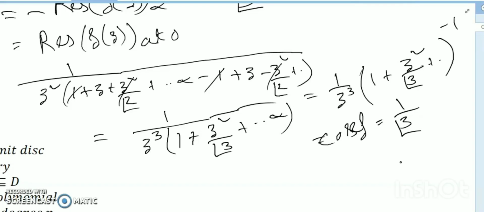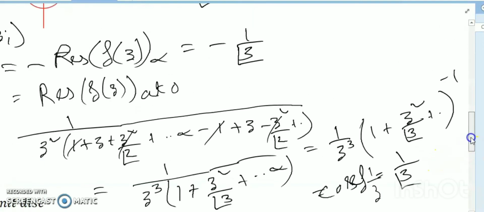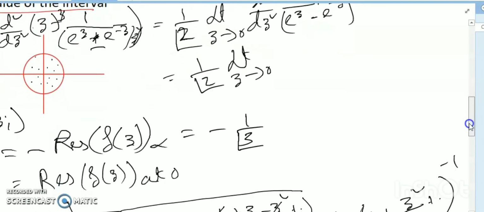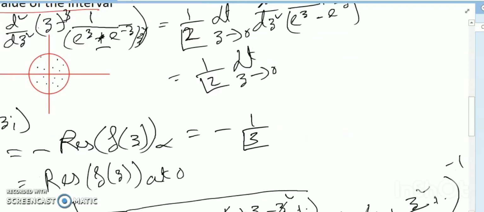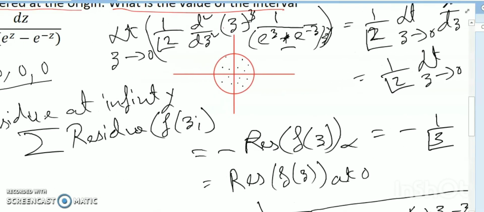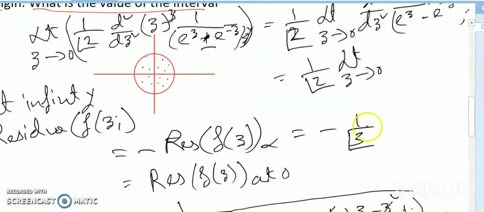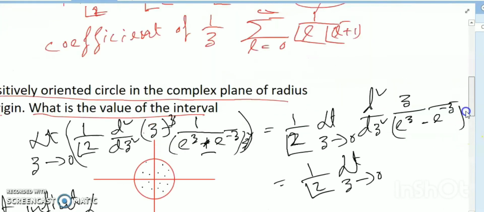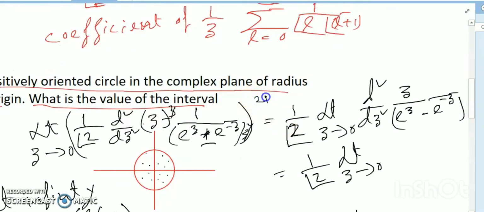The integral is 2 pi i into 3 factorial, so my answer is 2 pi i divided by 3 factorial, minus 2 pi i by 3 factorial.